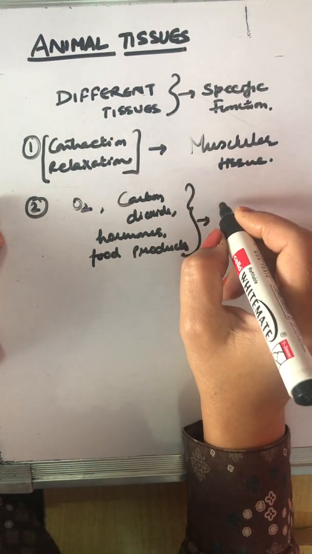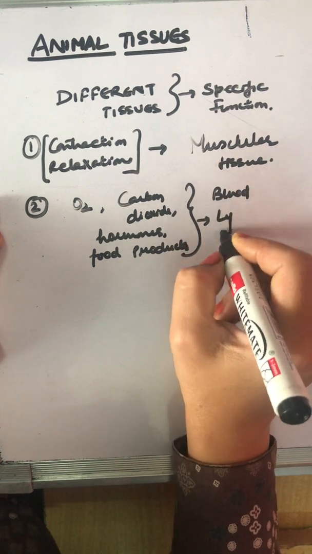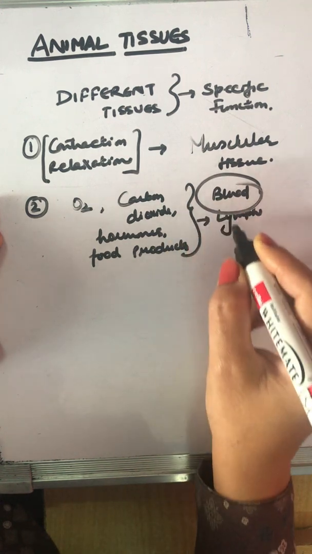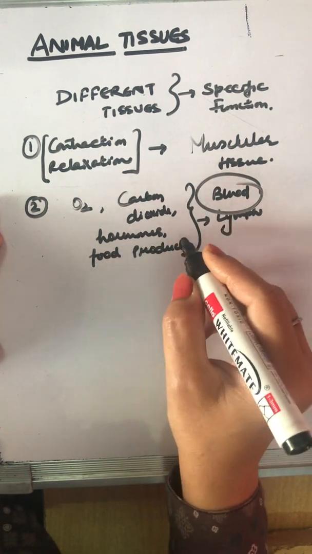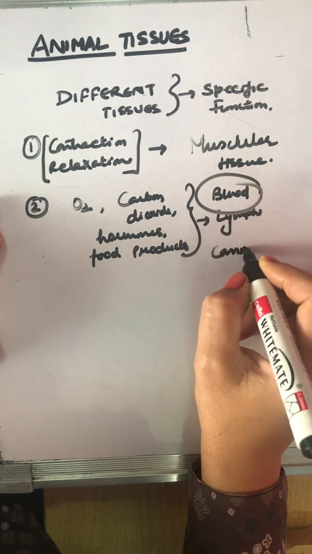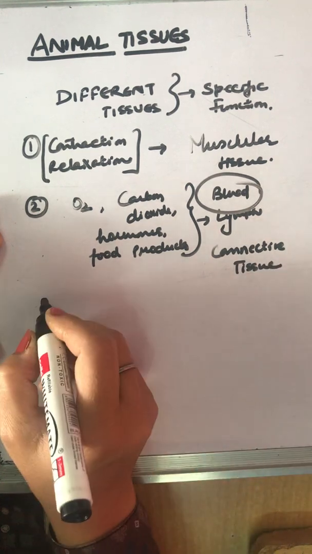That is with the help of blood as well as lymph. Blood carries all these substances from one region to another because of the second type of tissue, which is connective tissue. And blood is an example of connective tissue.